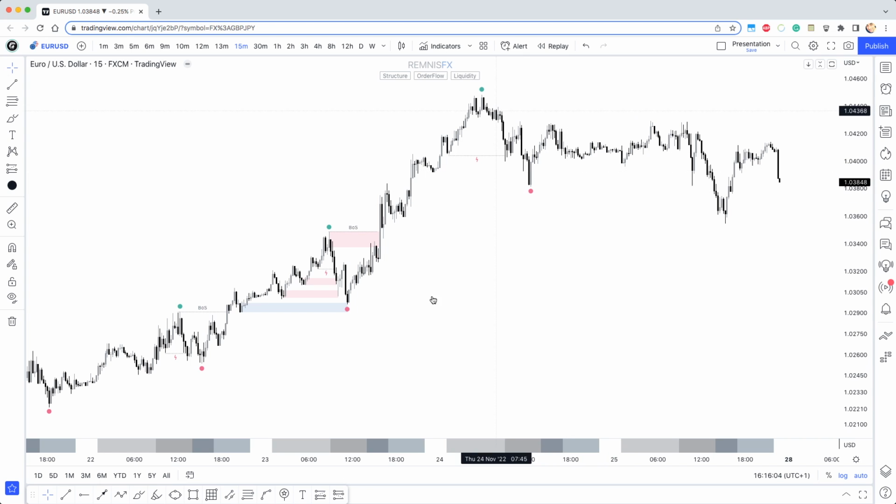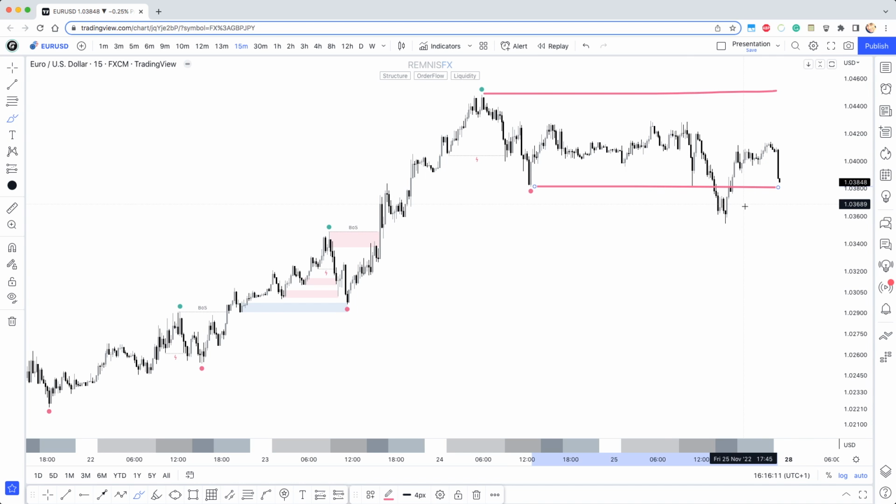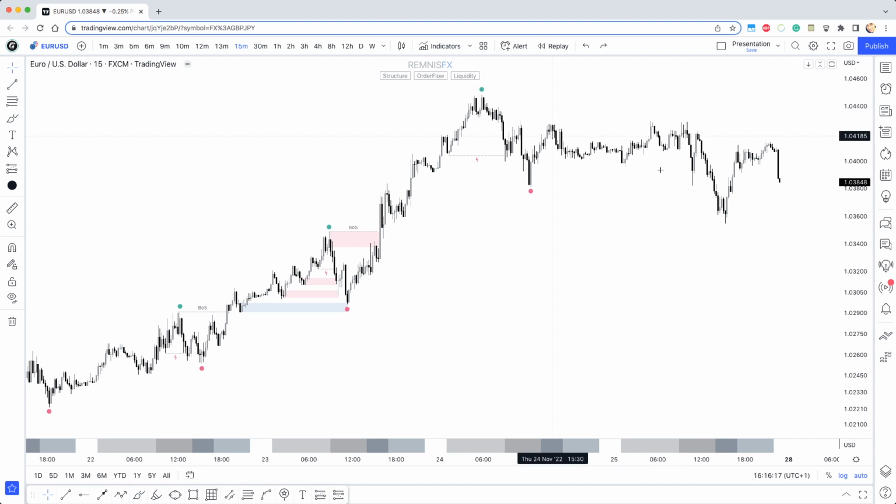So everything happening between these two lines is your internal structure. Now, some traders will mark this as a CHoCH, or change of character, but basically it isn't.